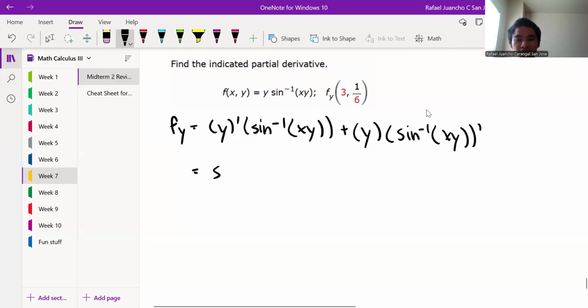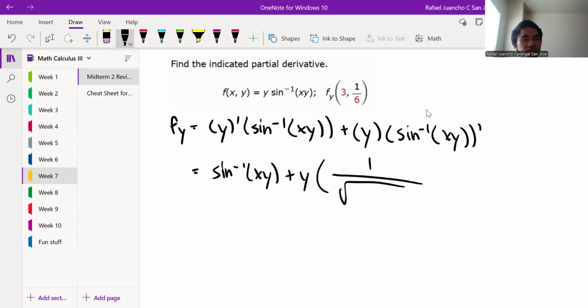And then here we say, okay, this is sine negative 1 of xy. This is y. Oh, but then we take the derivative of that thing, which I think was 1 over square root of 1 plus xy squared. And then just an xy chain rule.